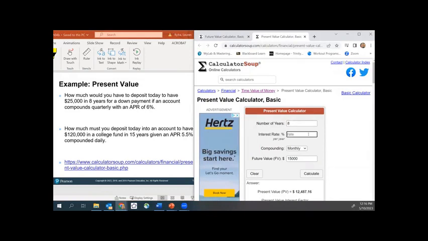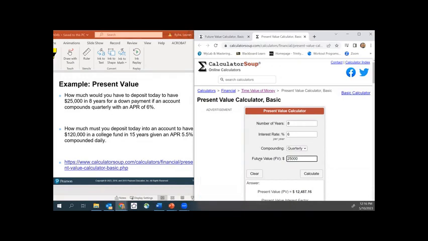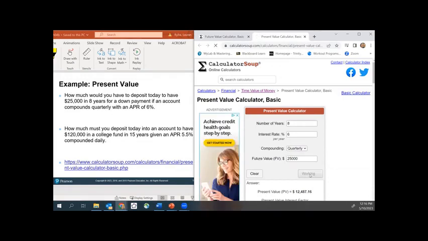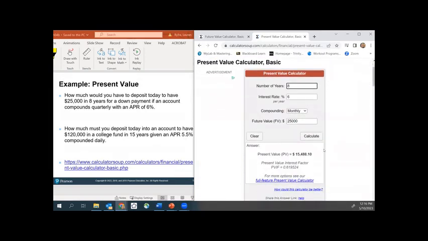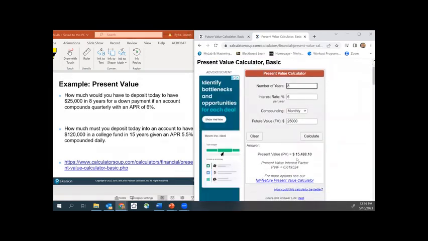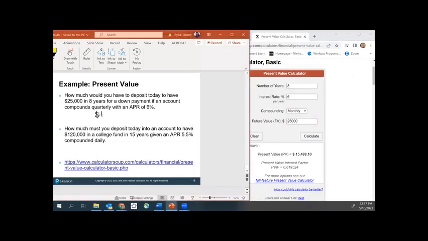Interest rate is 6%. Compounding quarterly. And we want to have $25,000. Now, future value should always be more than your present value because future is what you're going to have in the future. If I calculate this, it says to have this goal, I would need to deposit $15,488.10 today to meet my goal.